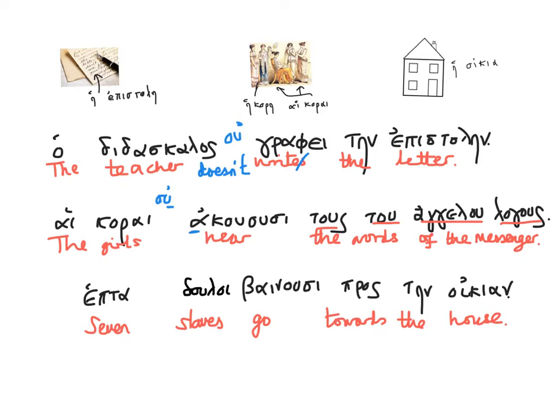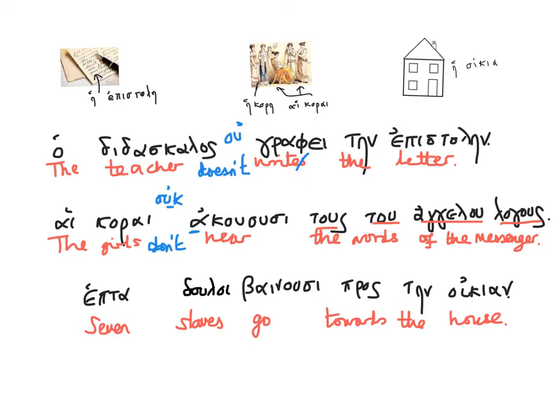Now, it's not forbidden to put two vowels together in Greek, but often the language avoids it. And after ou, Greek likes to put a kappa if the next word begins with a vowel. So ouk also means not. And here I will put in don't to make that sentence negative in English. The girls don't hear the words of the messenger.